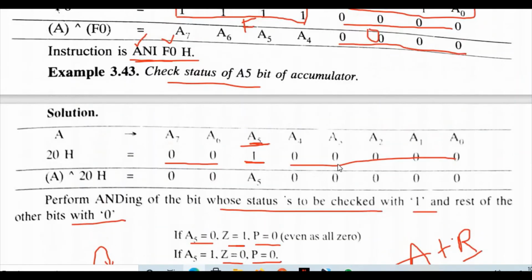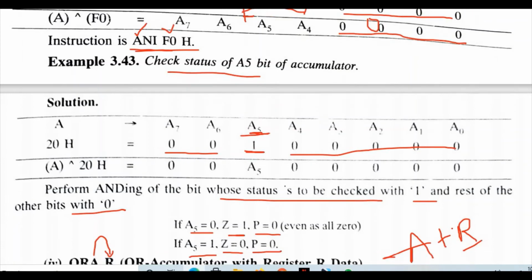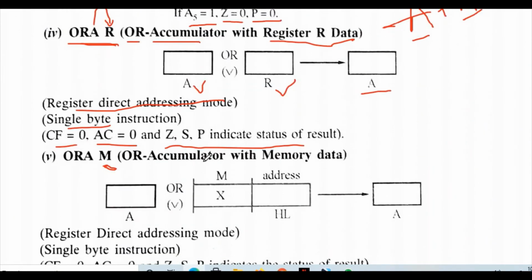Memory means HL pair. The address stored in the HL pair, that address will be treated as memory and the content stored on that address will be ORed with the contents of the accumulator.